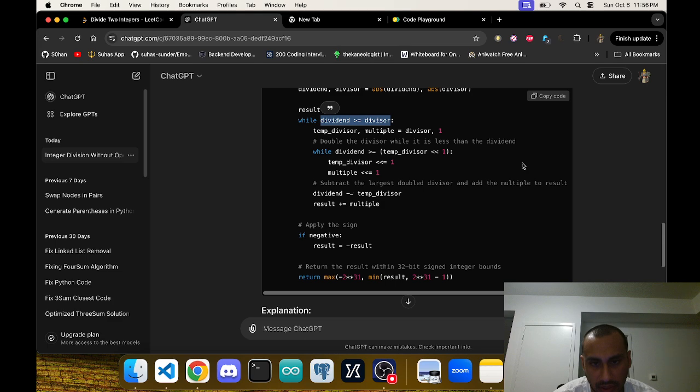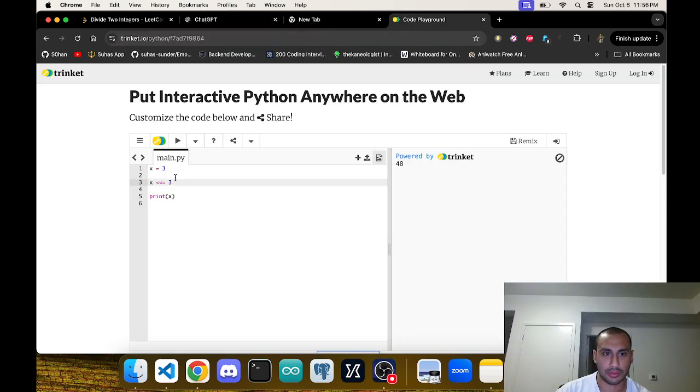Dividend minus equals temp divisor, result plus equals the multiple. Subtract the largest double divisor and add the multiple to result. Okay, so multiple. I'm curious, this is 1, right? So let's say 1.